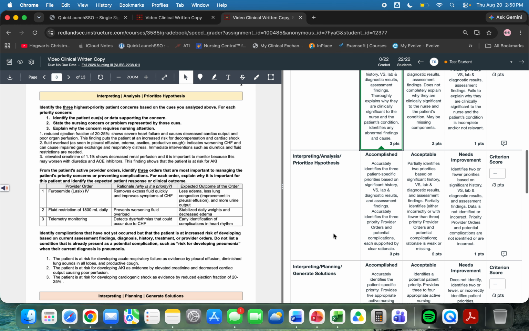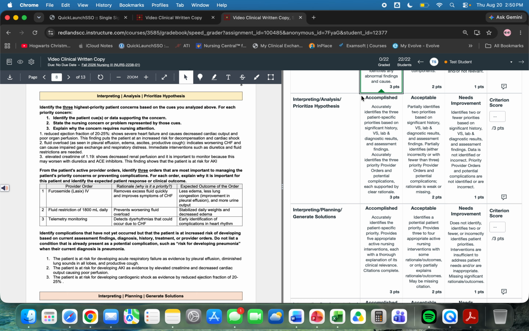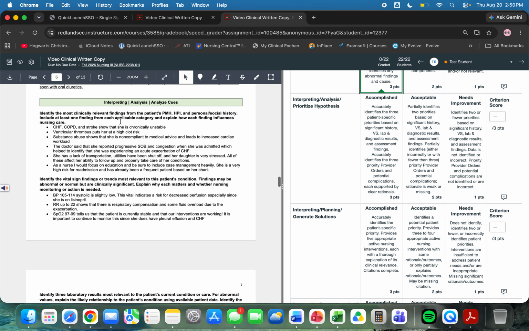So the next section, again, we go section by section. Interpreting, analysis, and prioritizing hypotheses. So what we're asking from there, we're continuing to kind of narrow down the clinical picture. What are the 3 highest priority concerns based on all of the data in this section above?